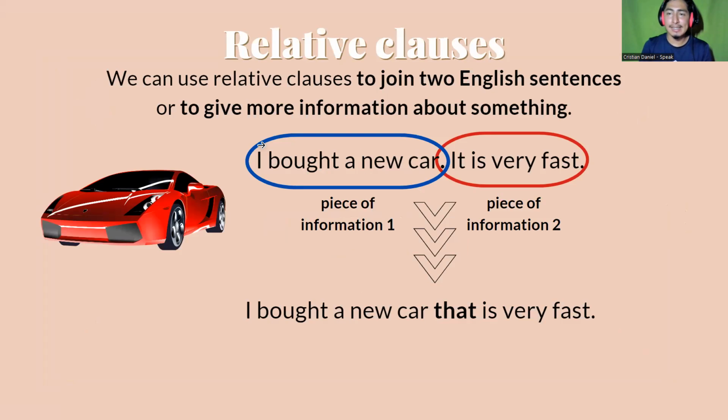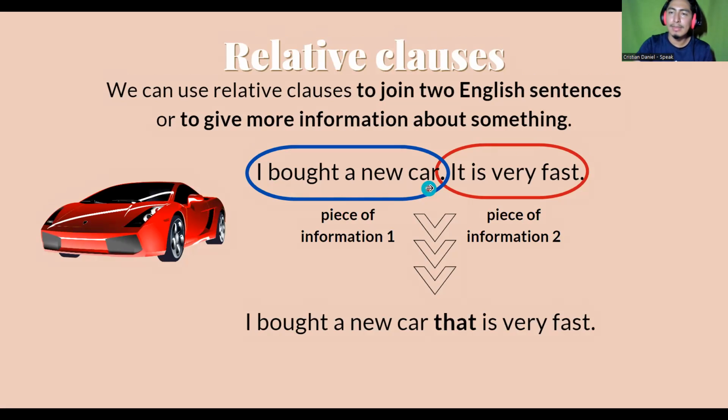Well, you can see in this example that we have two sentences. Why do we have two sentences? Well, first of all, because this is one idea, and this is the second idea. Also, because there is a period in this part, okay? I bought a new car.